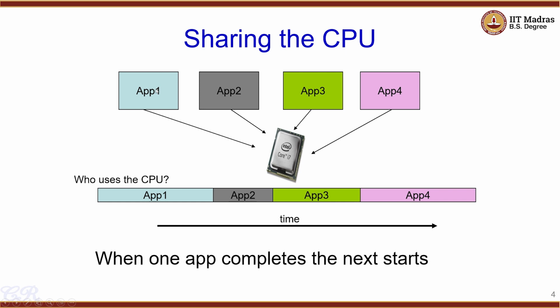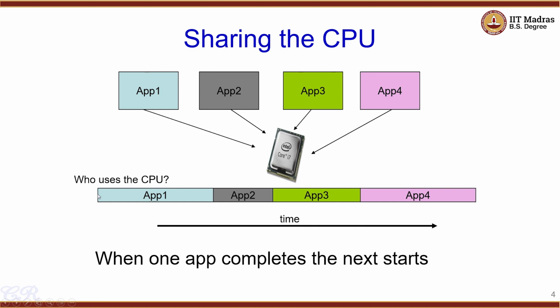What we mean by this is that in order for application 1 to execute, it needs to have instructions being executed on the processor. And since we have only one processor, only one application can execute at a given time. So what is the simplest way to solve this particular problem?